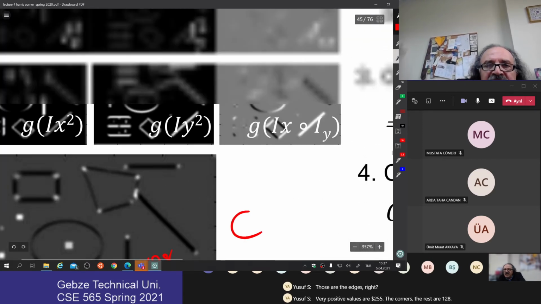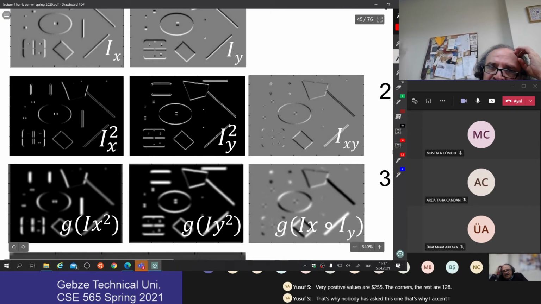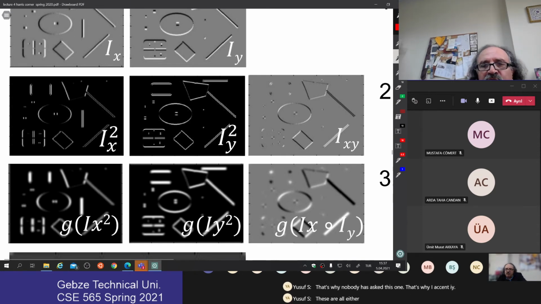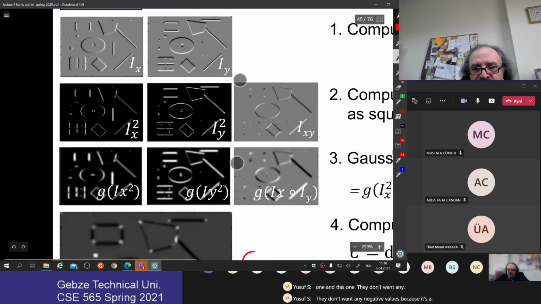That's why IX and IY, the small values are zeros and the large values are large, because if you take the square of this one, there are no negatives. IX and IY contain both negative and positive values. This one and this one don't contain any negative values, because it's the square operation.